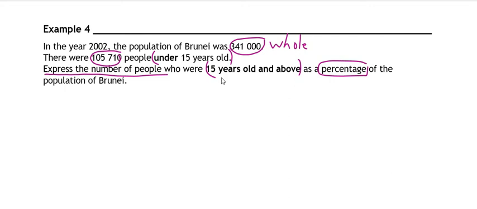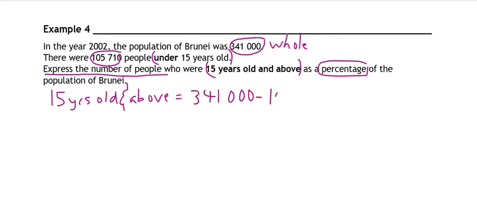To get the value of 15 years old and above, you have to subtract the population under 15 years old from the whole population, right? If you use your calculator, you can straight away get 235,290 people. Now, what you're going to do with this value is express it as a percentage.